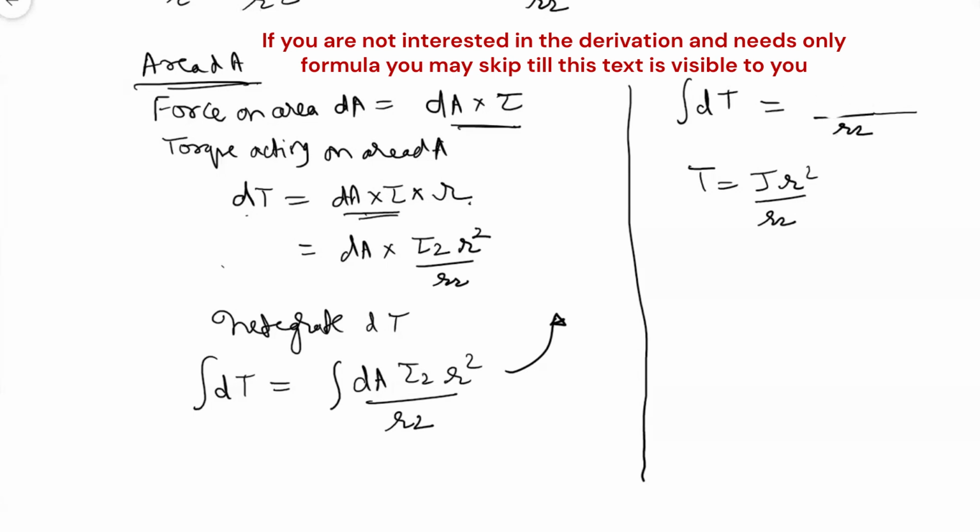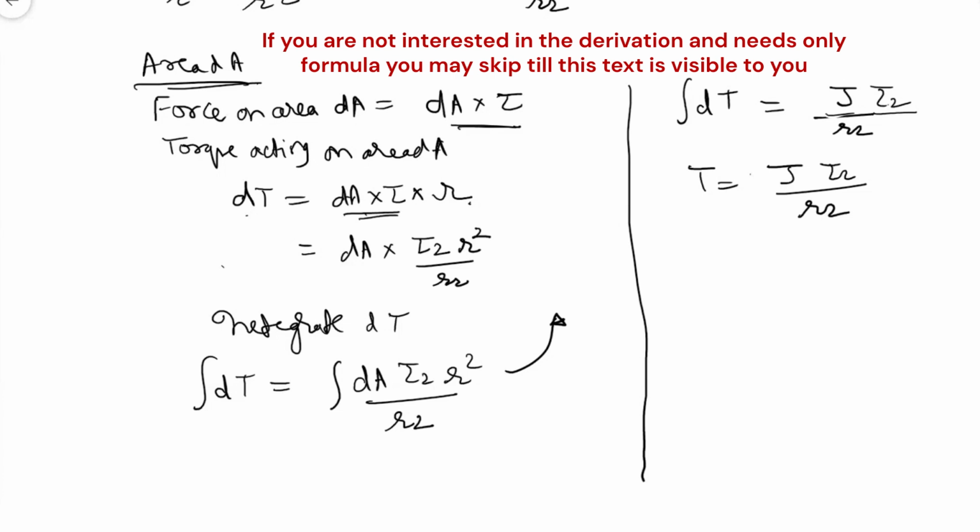See, R square dA is J and tau 2, so instead of R square there will be J, tau 2, and R2.